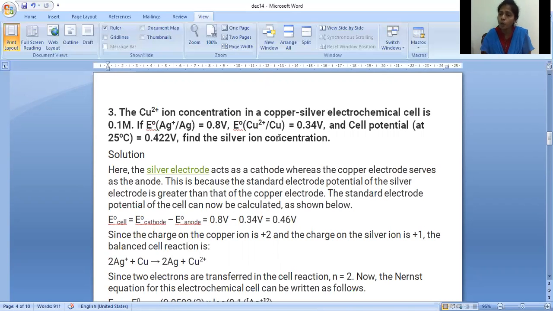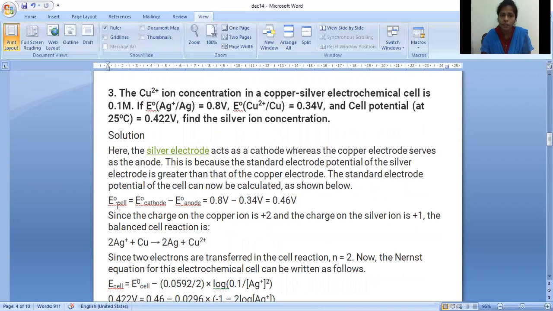So you know what oxidation is: loss of electrons. Reduction means gaining of electrons. That means silver is gaining electrons, copper is losing electrons. So let us write the Nernst equation. But first let us calculate the E naught cell value.